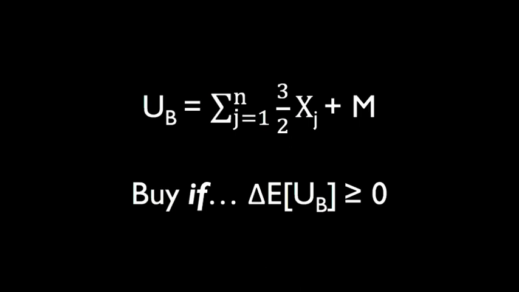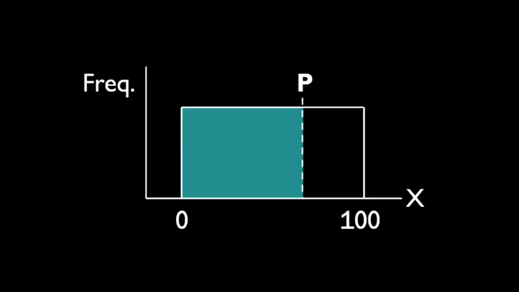Okay, so we need to plug in something for the expected quality of car N+1, and here's where we can use a simple trick. If you look at the distribution of used cars that are available for sale, and that distribution is uniform, then that means the buyer should expect to get a car whose quality is in the middle of the distribution of available cars.